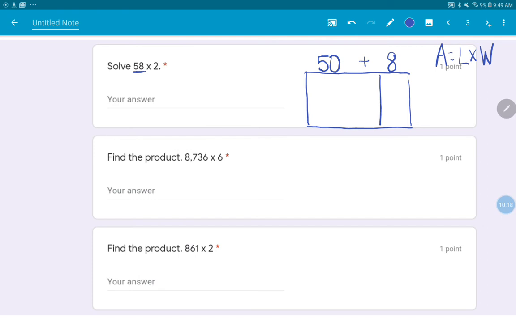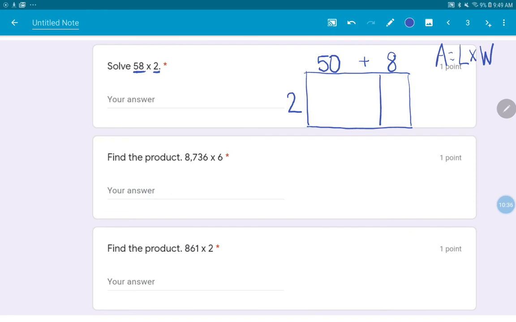That's the same thing, isn't it? Okay. So if I made my width 58, what am I going to make the other side? It's going to be 2. Okay.